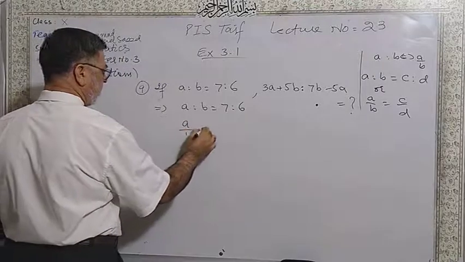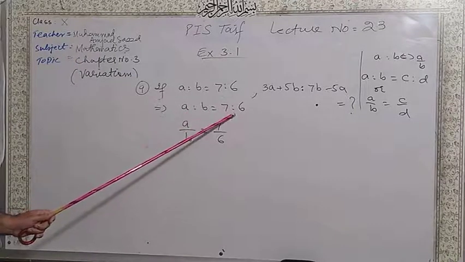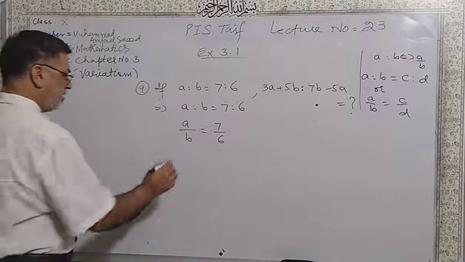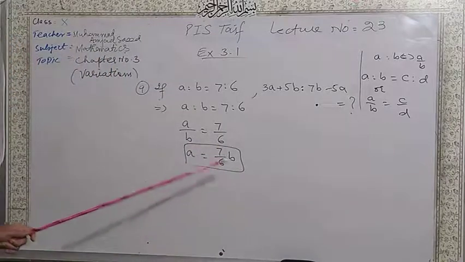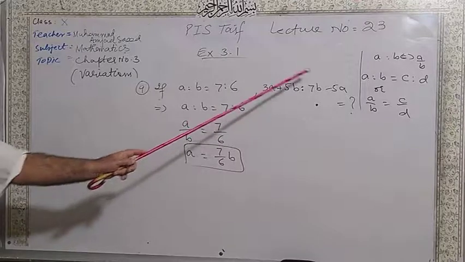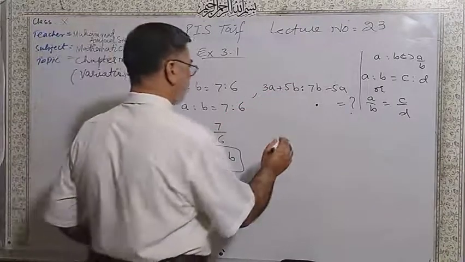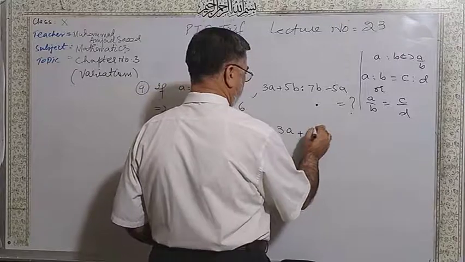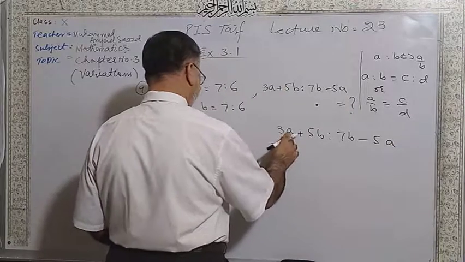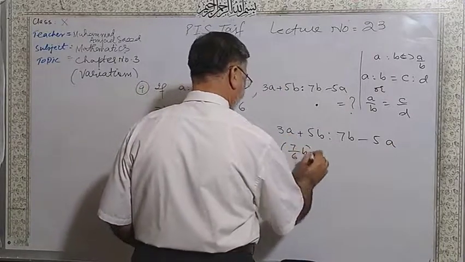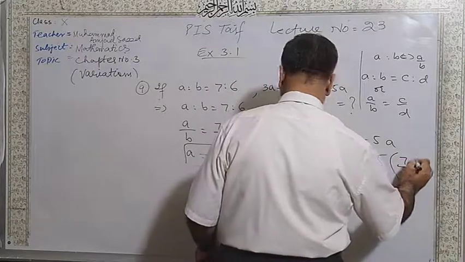You can say A over B is equal to 7 over 6, so A is equal to 7 over 6 B. Using this value of A here: 3 into 7 over 6 B plus 5B, ratio 7B minus 5 into 7 over 6 B.